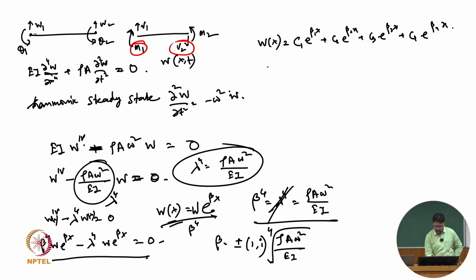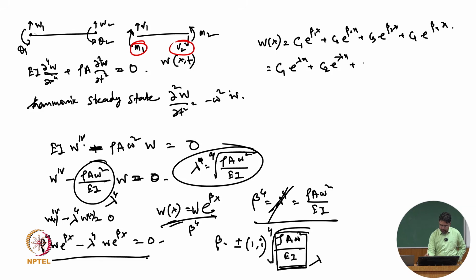And we can also see that these are like e to the power of, so if I just think that this part is only lambda, just think like this, so that 2 or 4: e to the power of lambda x, e to the power of minus lambda x, e to the power of i lambda x, e to the power of minus i lambda x.